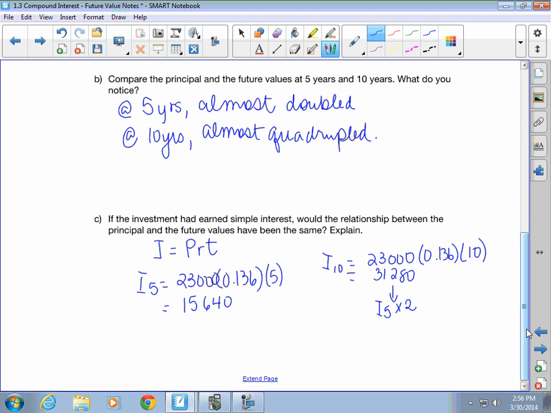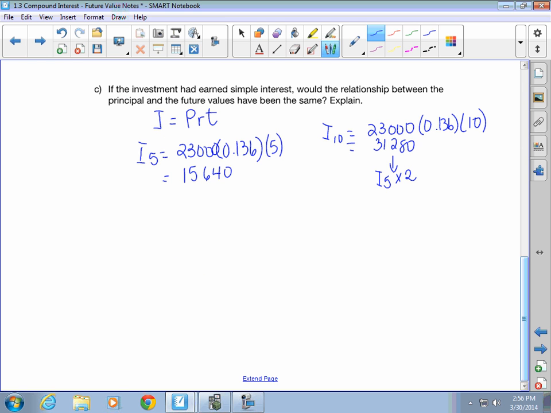Well, it's because simple interest pays interest only on the principal, not on your interest.